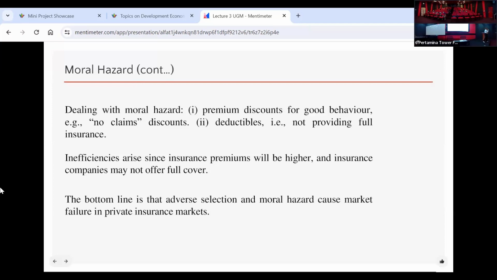But what happens with social insurance? With social insurance, we solve the problem of asymmetric information, hidden information. But what about moral hazard? Remember that they made membership compulsory.